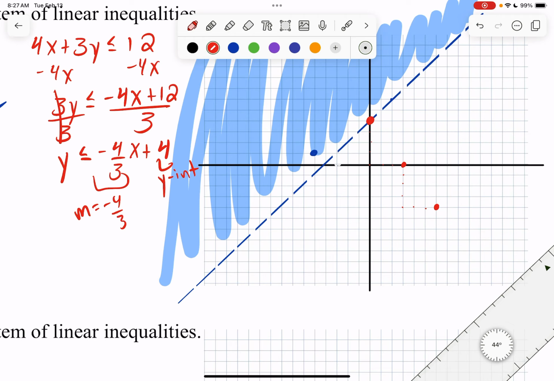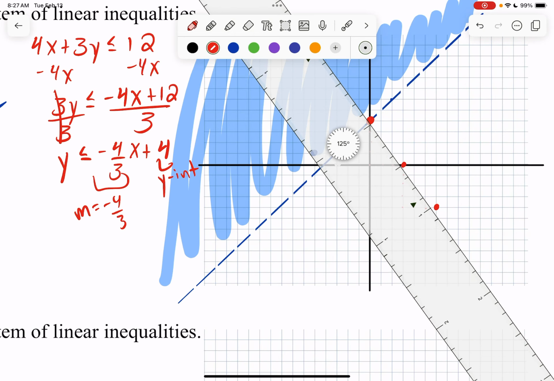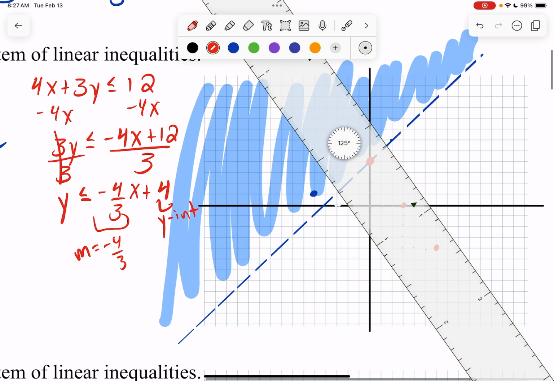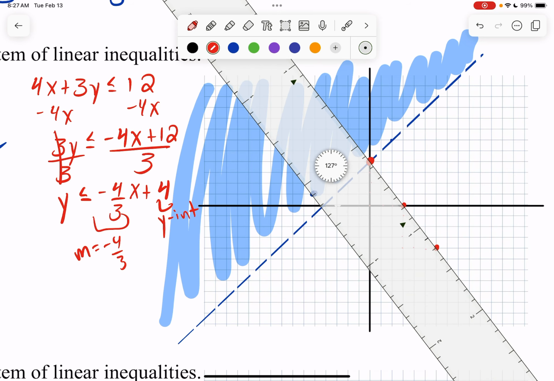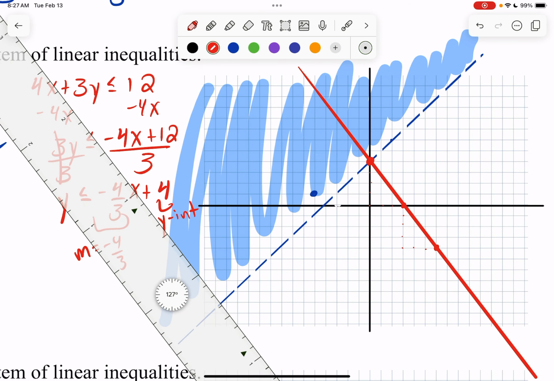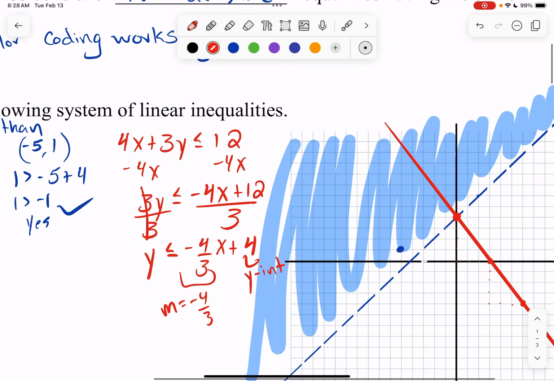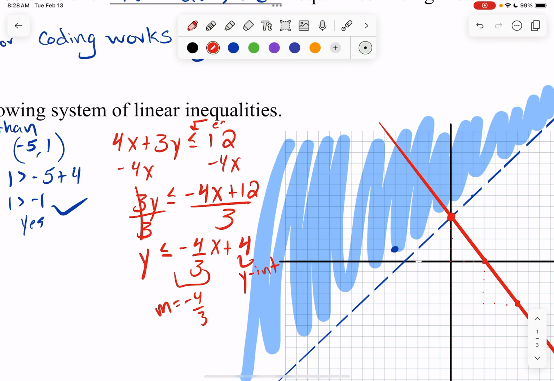Okay. Bring my ruler back in again, and let's graph this line. Again, I take my line and have it go all the way through my graph. Okay. Now this one is also equal to, so my line is going to be solid. So this one's going to be a solid line. Okay, and come down here and look at this one.